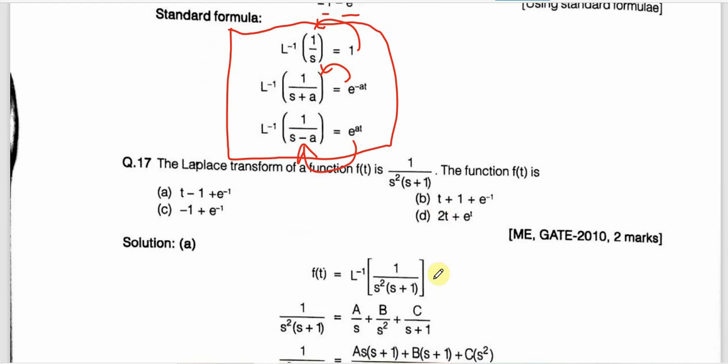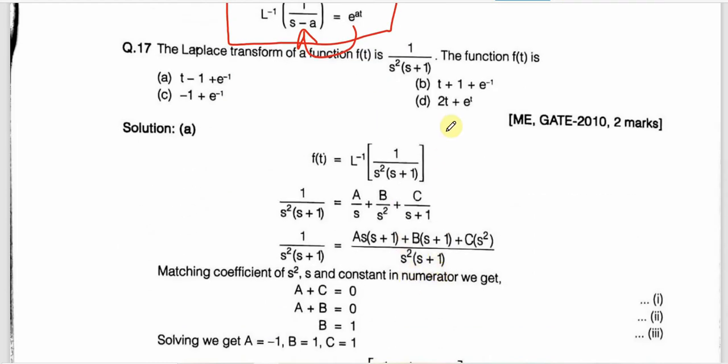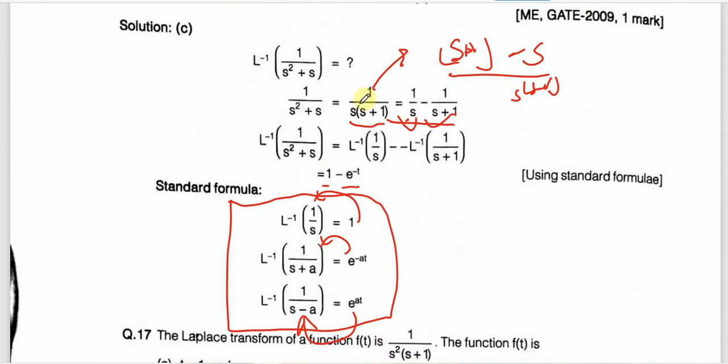Okay, let's see. s square is there, so this partial fraction we can write, we can separate it like that. We already know it. This was easier, we can simply think.